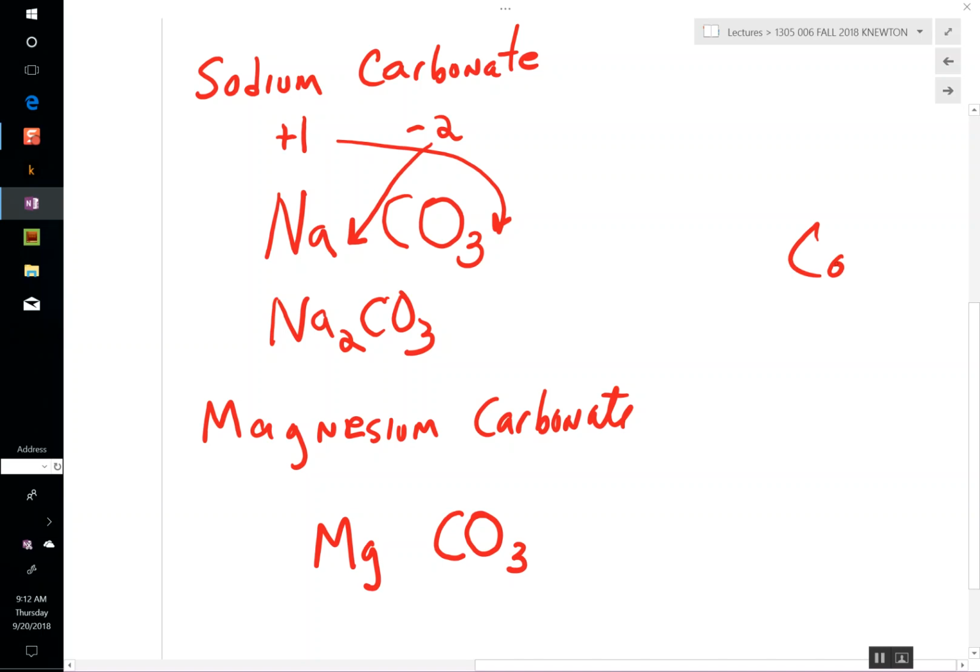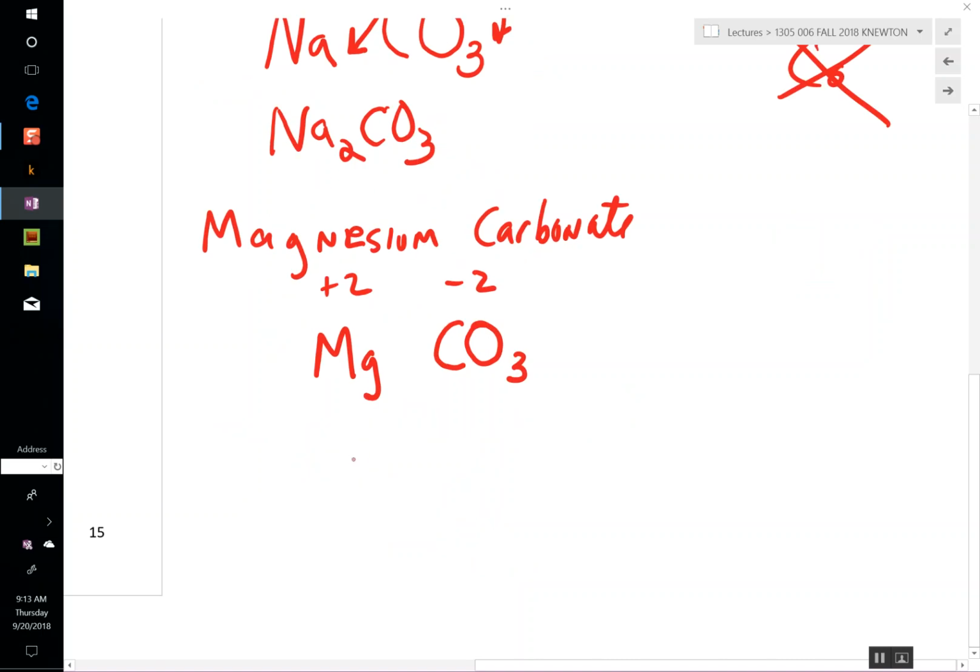Okay? Don't get that mixed up. That in a chemical formula, you're telling me it's cobalt in there. C and an O is carbonate. -2 charge, +2 charge. So what's the formula of magnesium carbonate? MgCO3.